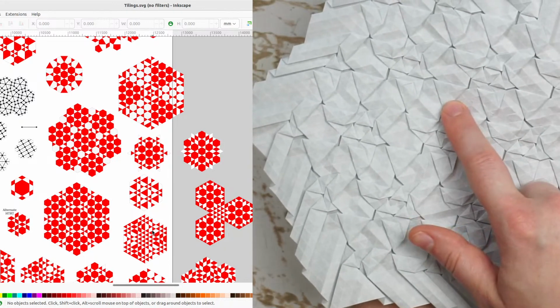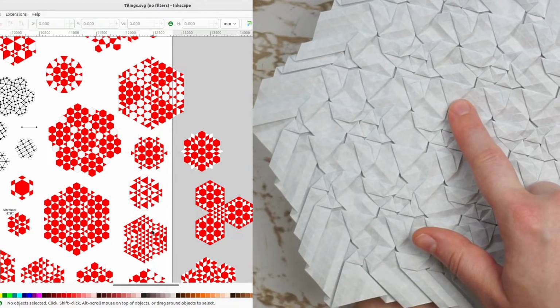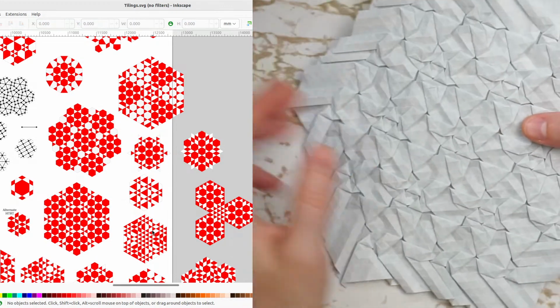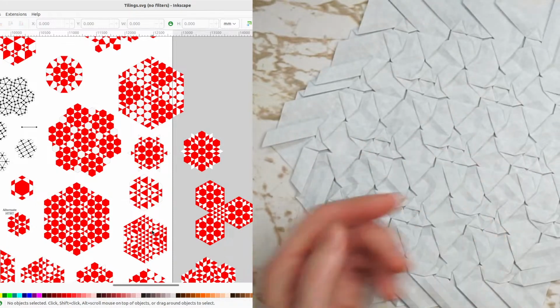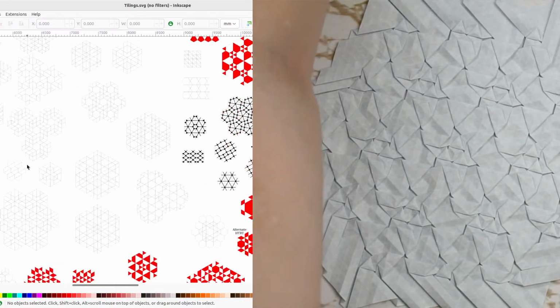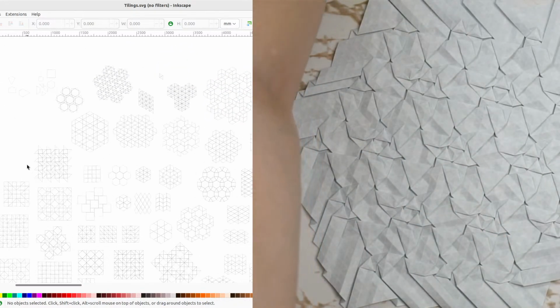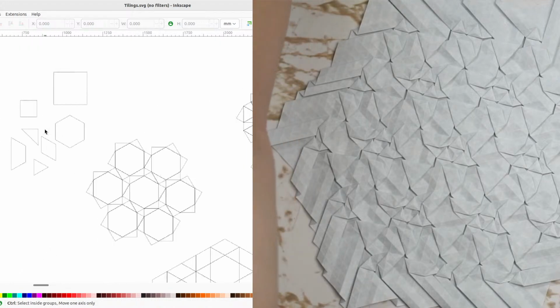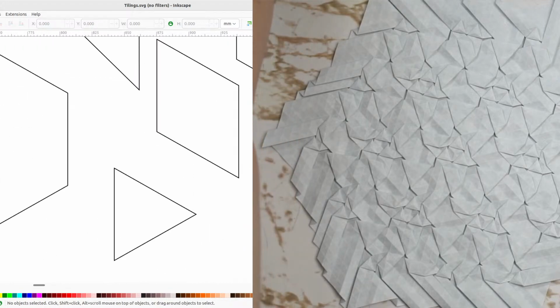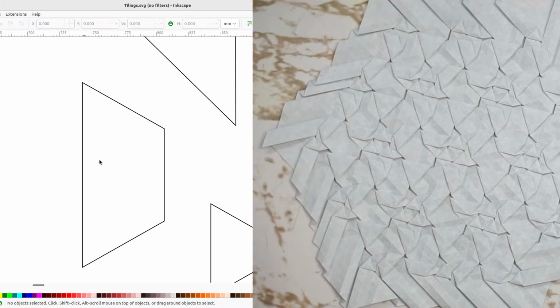Now, why are these triangles a different size, though? That's because the trapezoid has an edge that is twice as long as the other edges. So if we look at our trapezoid, it has 3 edges that are the same length and 1 edge that is twice as long because it is half of a hexagon.